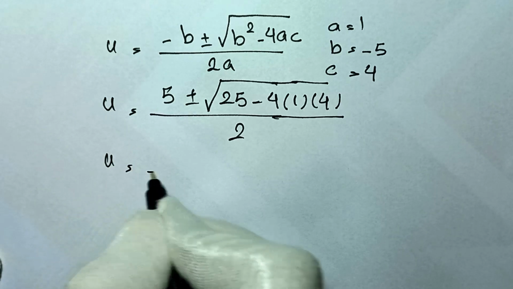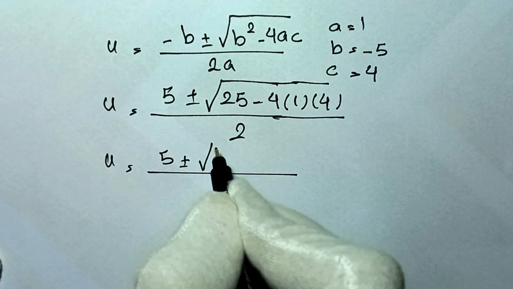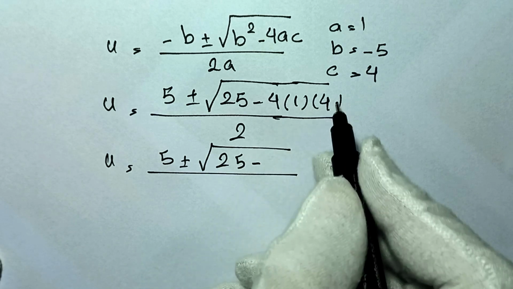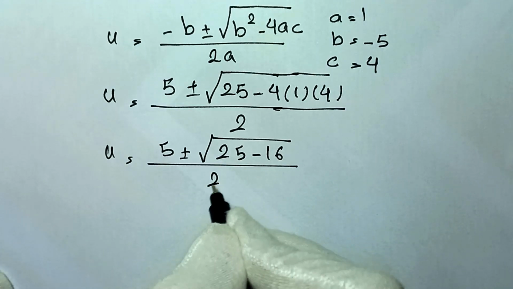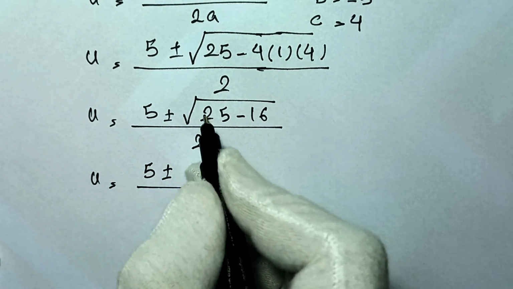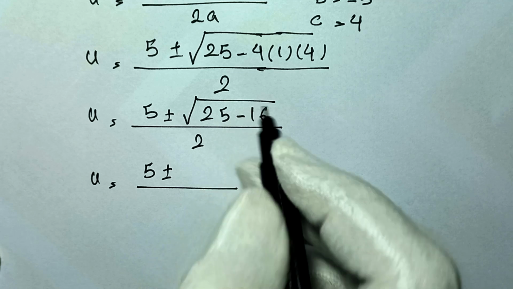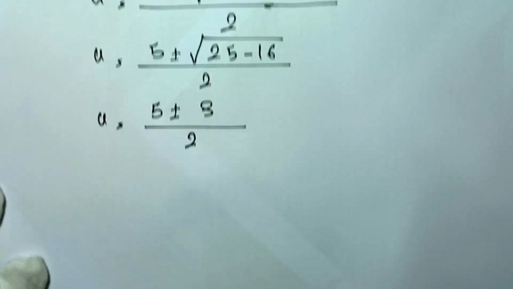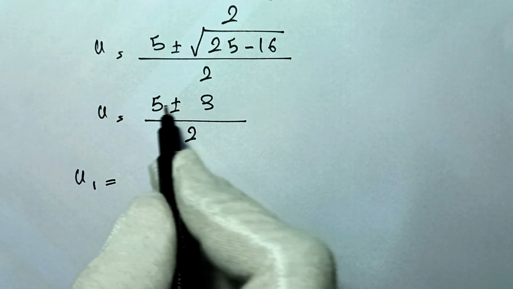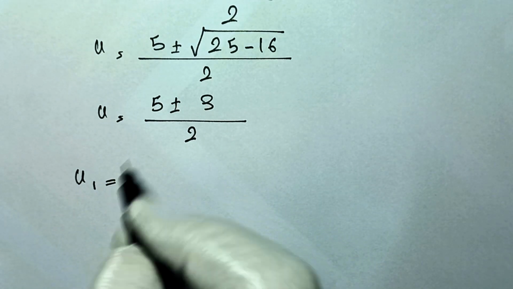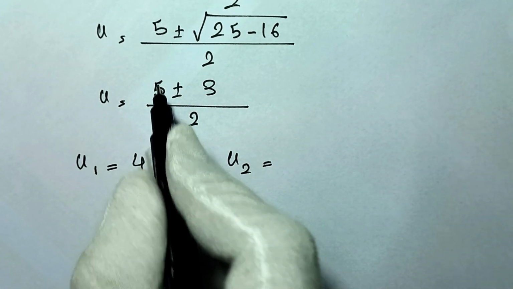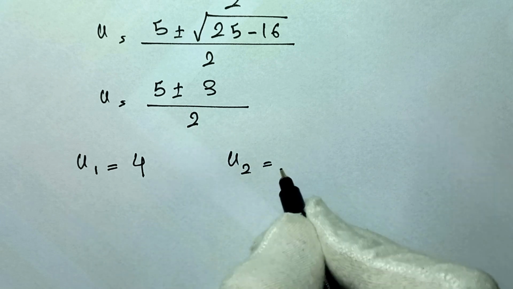So u is equal to 5 plus or minus the square root of 25 minus 16, which is 9, so the square root of 9 is 3, over 2. And here we have u1 equal to 5 plus 3 is 8, over 2 is 4, and u2 equal to 5 minus 3 is 2, over 2 is 1.